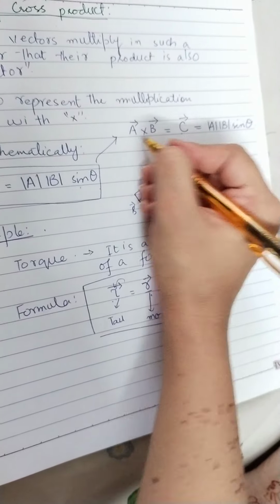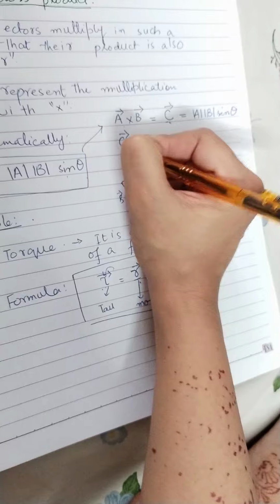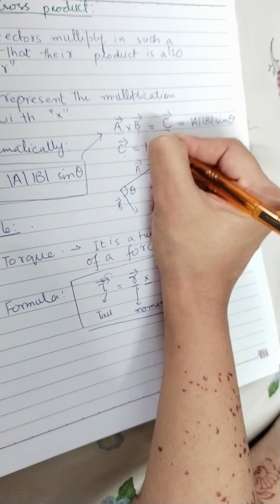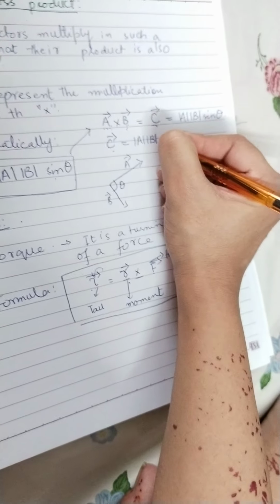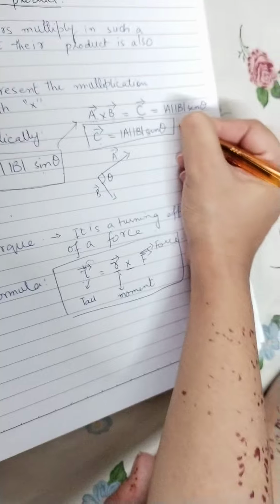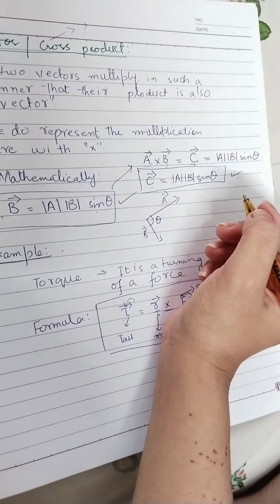As we know, A cross B is equal to C, so we can write vector C, that is the product of these two vectors, equal to magnitude of A, magnitude of B into sine theta. So this is another way. Both are correct. I hope you all understand this one.